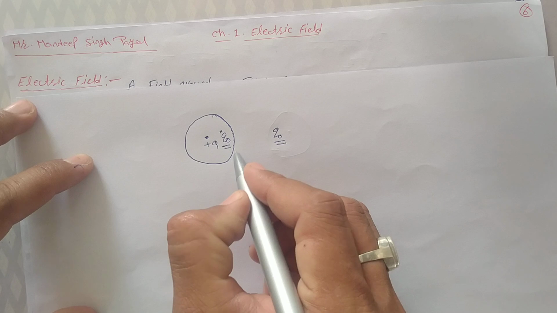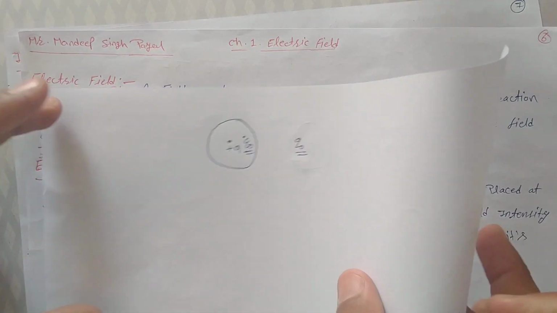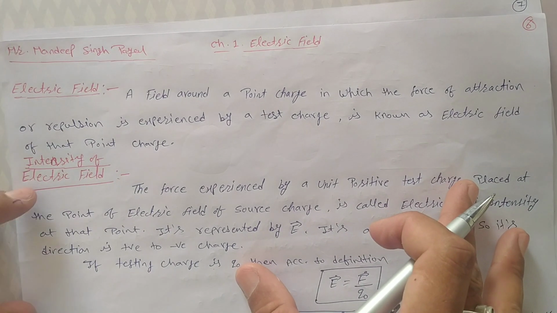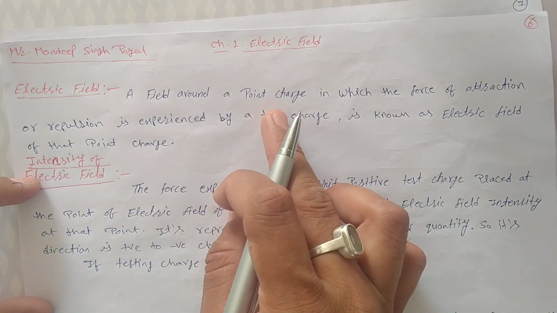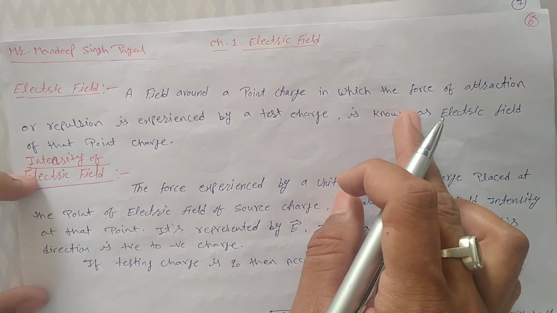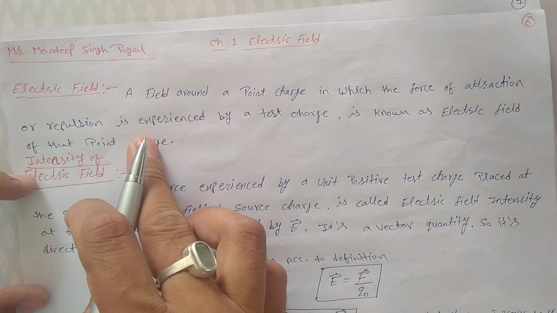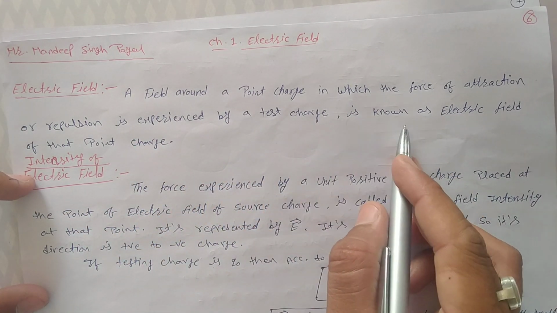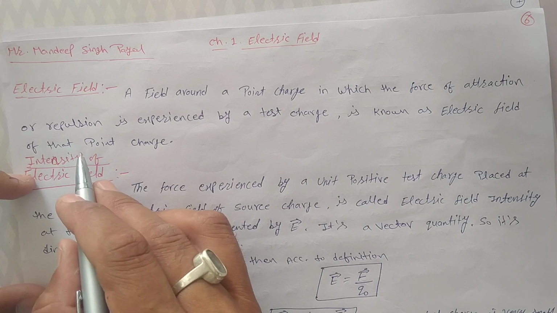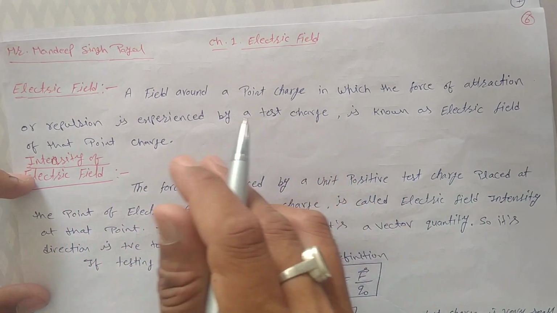Then this area is known as electric field. Electric field is a field around a point charge in which the force of attraction or repulsion, meaning electric force, is experienced by a test charge. It is known as the electric field of that point charge.